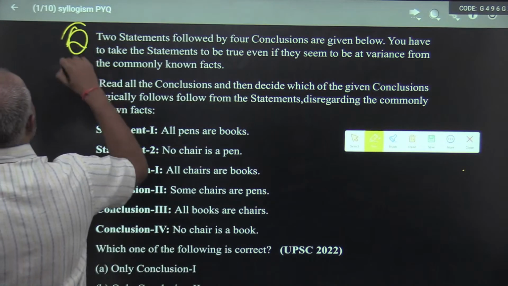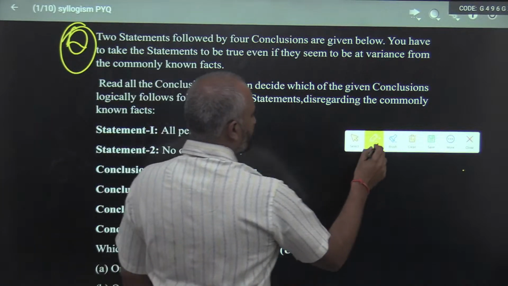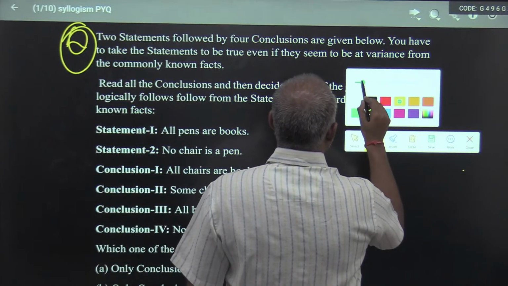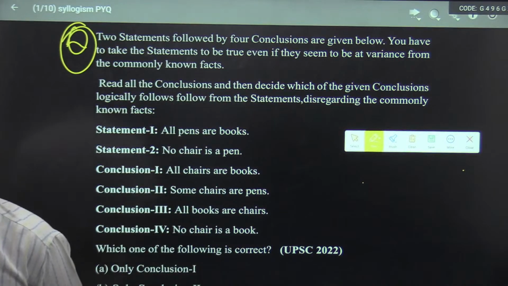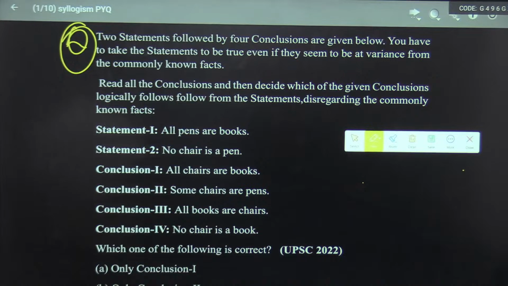See for yourself how easily syllogism can be solved. Hardly 1 minute.